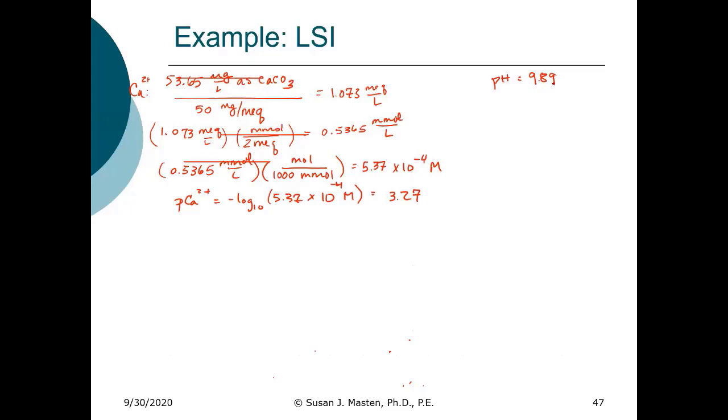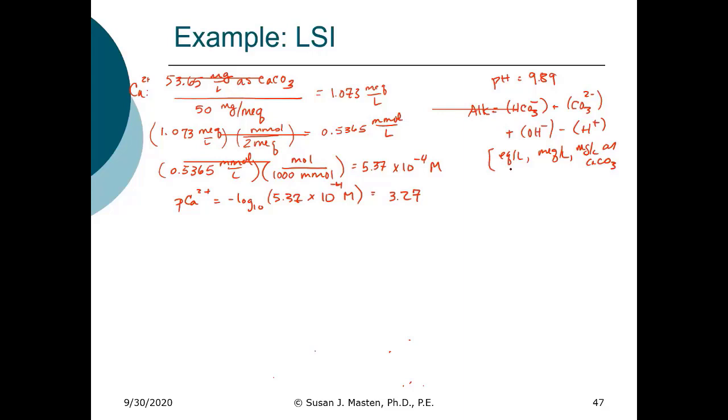Now, if you recall, we've written the alkalinity expression as equal to the bicarbonate concentration plus the carbonate concentration plus OH minus minus H plus. And I've written this in units of equivalents per liter, milliequivalents per liter, and milligrams per liter as calcium carbonate.